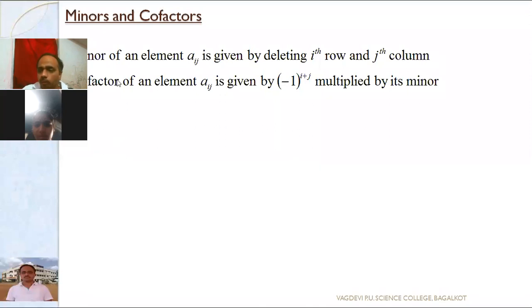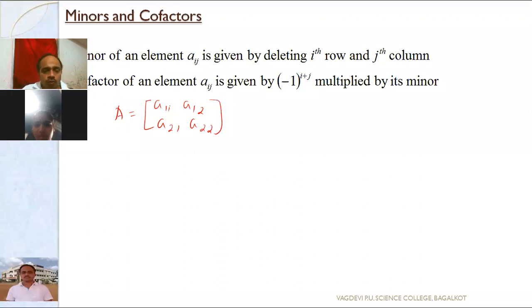So I've written here, the minor of an element Aij is given by deleting the ith row and jth column. Say, for example, if there is a 2 cross 2 matrix like A11, A12, A21, A22, or you can take a determinant also.